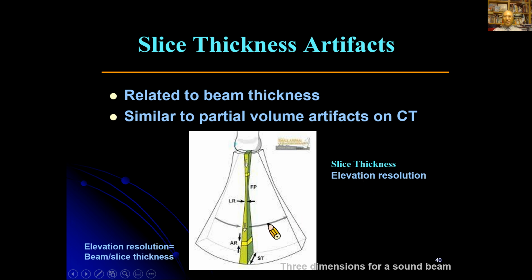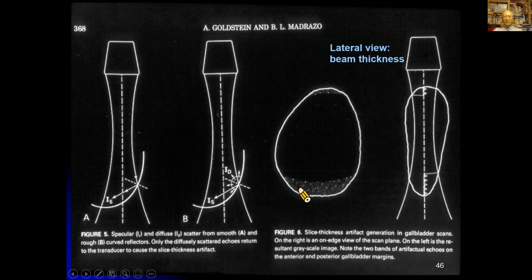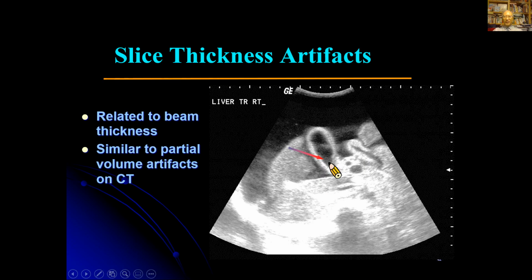Because the elevation or slice thickness is too thick, it will detect some signals on the peripheral region, not in the main beam. So it can display as weak internal echoes, just like here in the gallbladder.